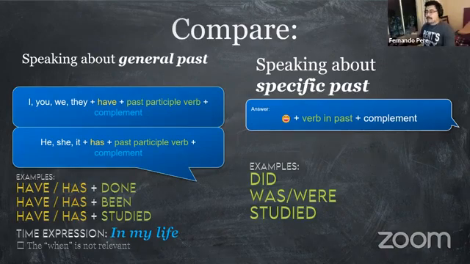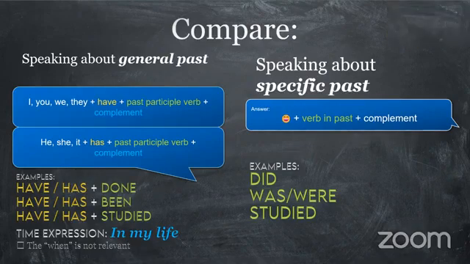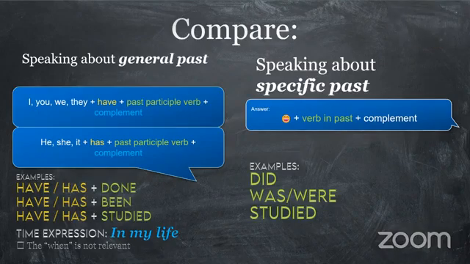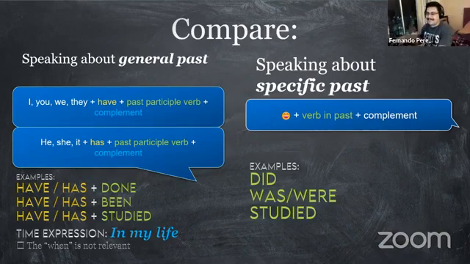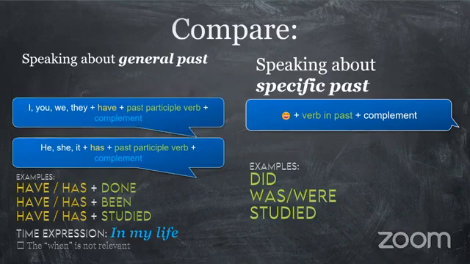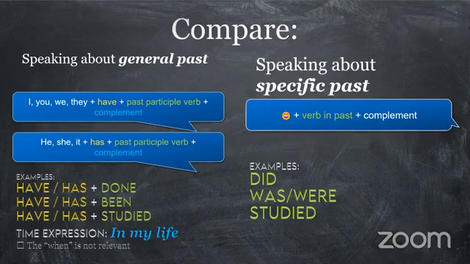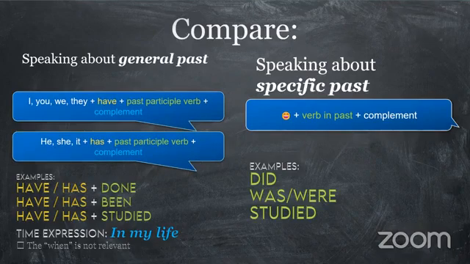What is the auxiliary for I? I, you, he, she, it. He, she, it has. I have. I have studied in different schools. In different schools, exactly, in your life. In my life. Excellent, very good.